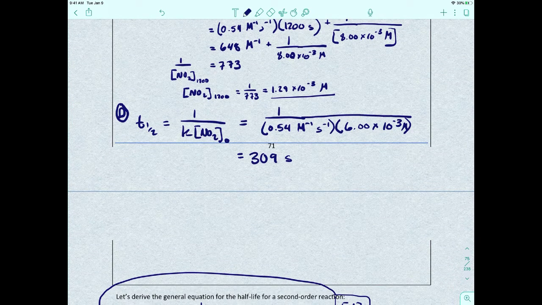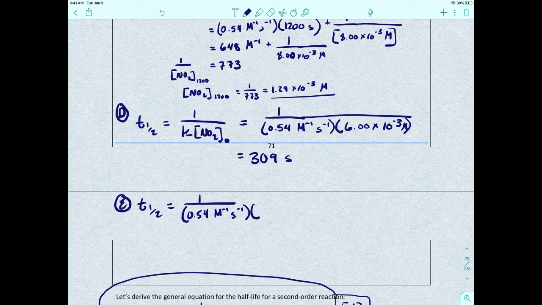Now, if we do the same thing for part E, it asks: what is the half-life when the initial concentration is 3.00 times 10 to the minus third? We do the same thing as in the last problem. k is still 0.54 molar to the minus first, seconds to the minus first, times the concentration.